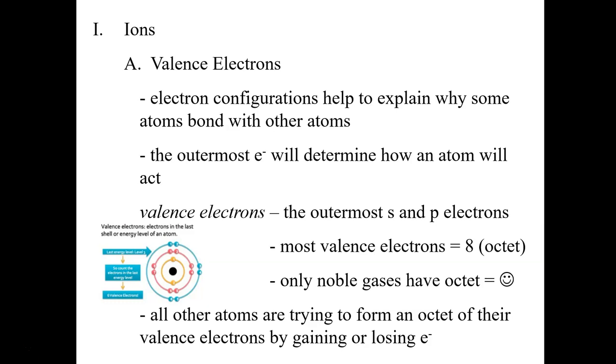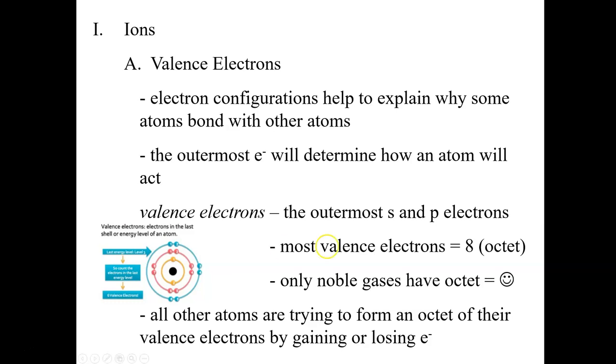The reason why different elements act the way they do is most of the time because they're trying to gain an octet of valence electrons. And so they're going through whatever chemical reactions, whatever bonding they need to do to get to that point, because that makes them stable. And when they're stable, they don't need to do anything else.